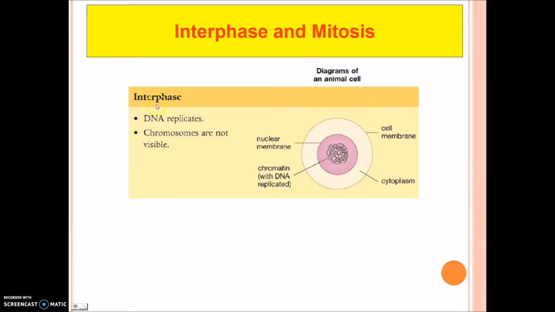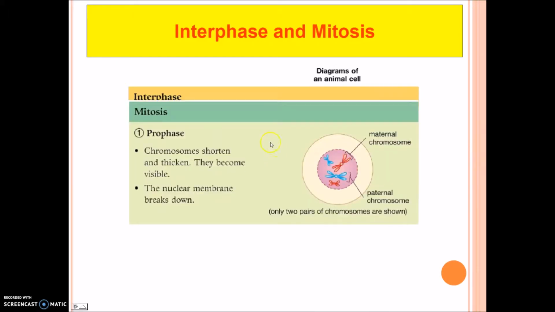In interphase, DNA replicates and chromosomes are not visible, because they are very diffuse. They have not yet condensed to become very short and thick structures, until prophase.